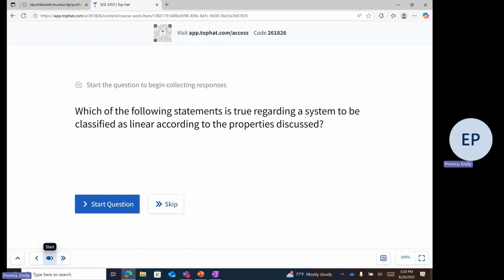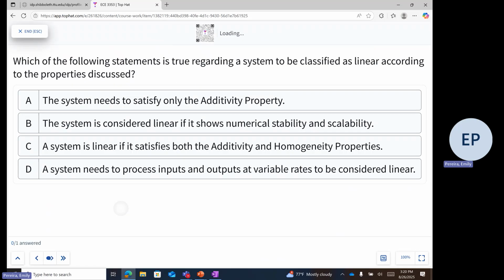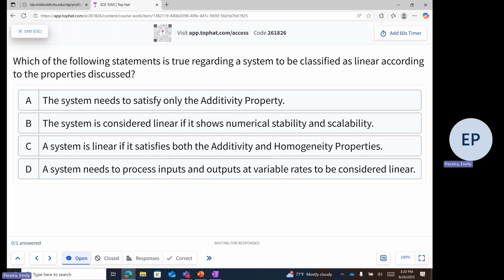All right, so let's check your understanding. Which of the following is true regarding a system to be classified as linear according to the properties discussed? A, the system needs to satisfy only the additivity property. B, the system is considered linear if it shows numerical stability and scalability.